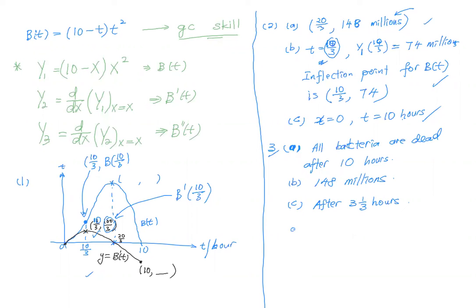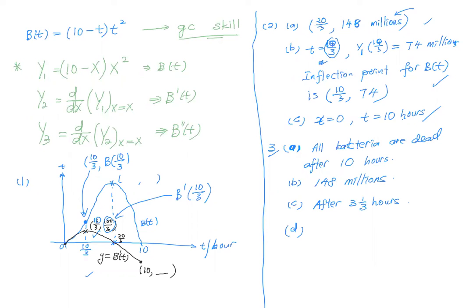Okay, so part D. The number of bacteria in the sample when the rate of increase is maximum. So what is the number? When the rate is maximum, I want to know the number of bacteria, that is BT. So what is the answer? Cindy? Yeah, you can write in decimal if you want to. Cindy, what is the answer for D?